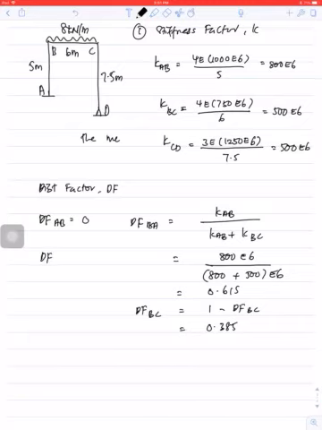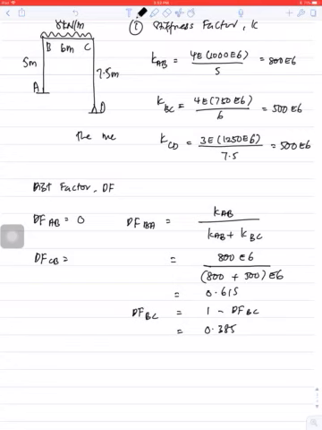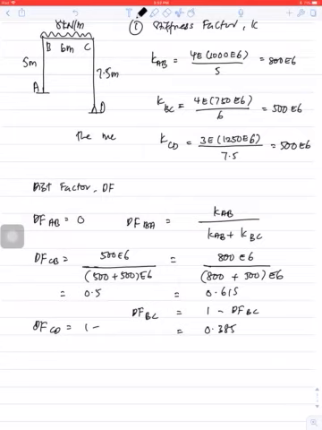Okay, for the distribution factor for member CB, DFCB is equal to 500 divided by 500 plus 500, which is 0.5. So DFCD is equal to 1 minus DFCB, which is 0.5 as well.